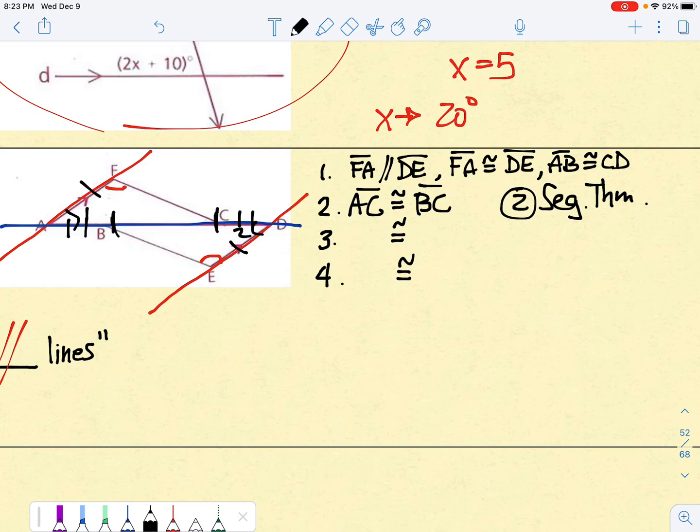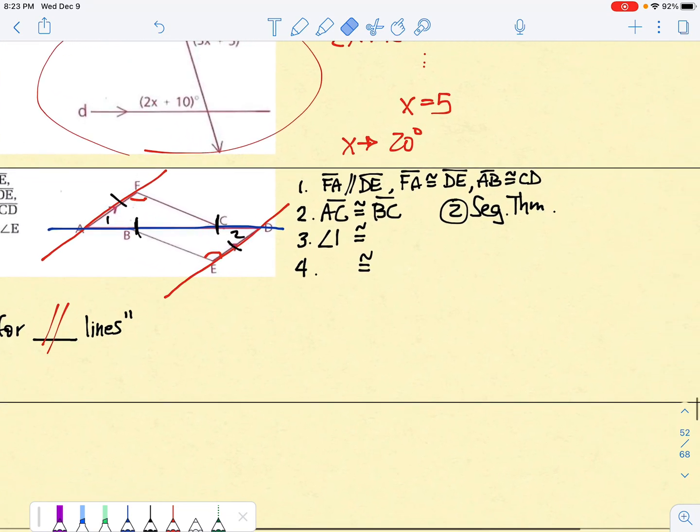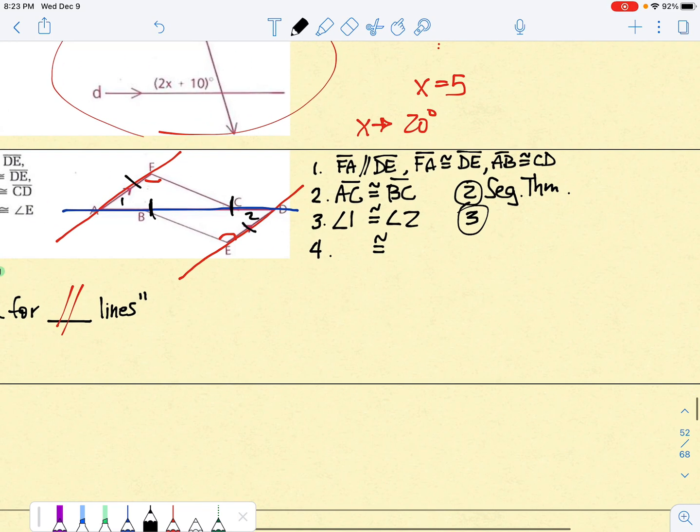Next, I'm going to say angle 1. I'm going to sneak a 1 in here so we know what angle 1 refers to, and then angle 2 are congruent. And there we would say, for example, the converse of the alternate interior angle theorem.